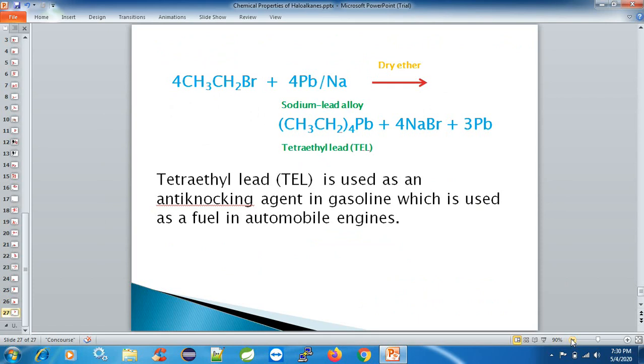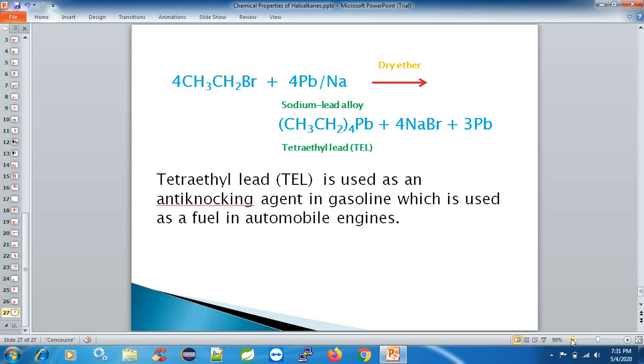Then we will go to another example. When ethyl bromide reacts with sodium-lead alloy in presence of dry ether, tetraethyl lead is formed along with the formation of sodium bromide and lead.